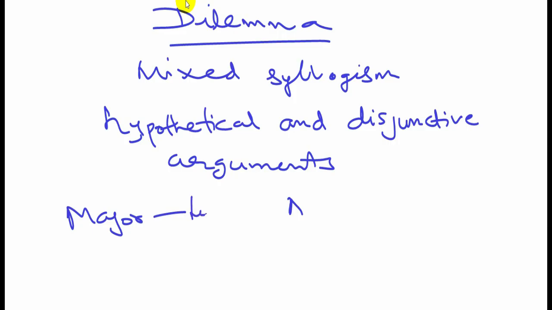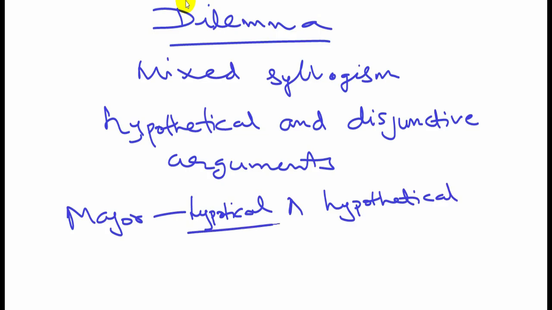The conjunction means the and symbol. So there is an if-then, two hypothetical propositions in the major premise, formed by the conjunction of two or more hypothetical propositions.